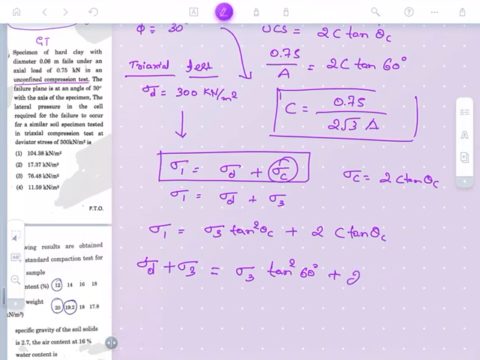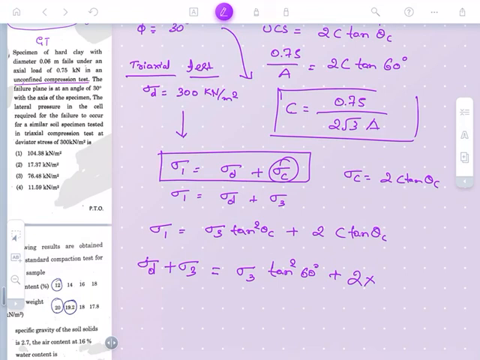What I will do here is 2 into c. What is the value of c? 0.75 divided by 2 root 3 into area, into tan 60 degrees. If you substitute this, and the deviator stress you already know is 300 kilonewton per meter square, I am not going to show all the calculation.